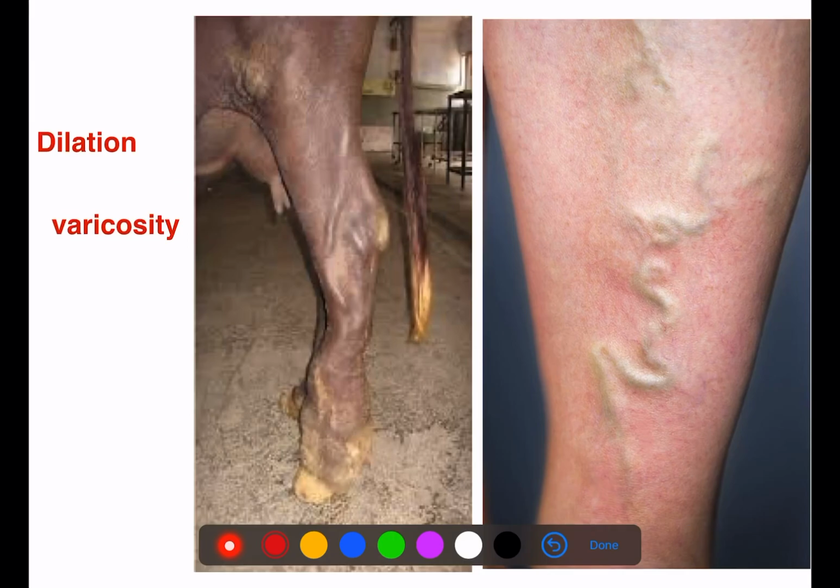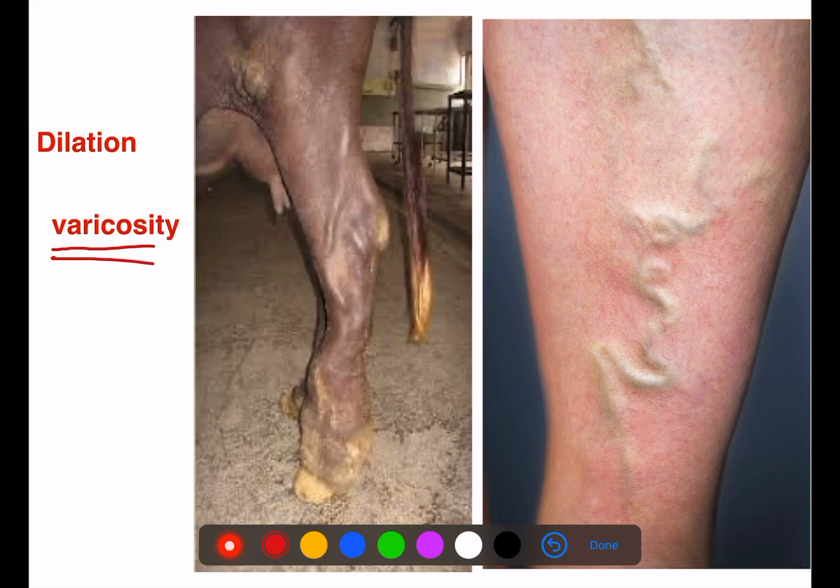When this valve is stretched or damaged, the blood accumulates at the lower side, usually within the leg. This is called varicose or varicosity. Dilation of vein with accumulation of blood.